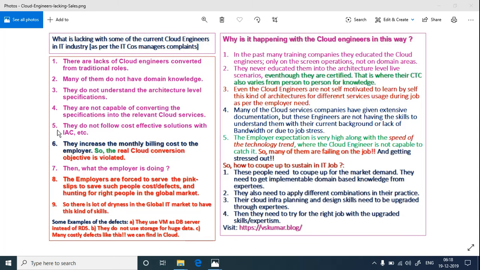Okay, today's topic I would like to present is why some of the cloud engineers are lacking skills to build the infrastructure in cloud. Cloud engineers and DevOps engineers have similar activities.